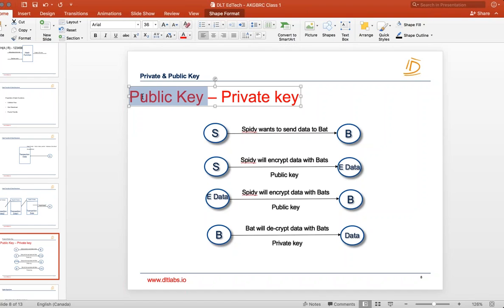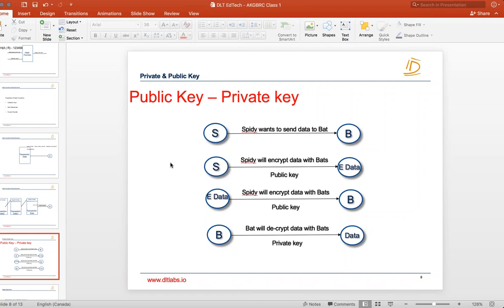You can give your email address to anyone so that they can send you an email, but once the email is sent, it is only you who, using the private key, can see the email. And the private key in Gmail is your secret, your password. So again, your email address is equivalent to a public key where anyone can send you anything, but if you want to see what someone has sent you, only you can see it because you have the secret key or you have the password.